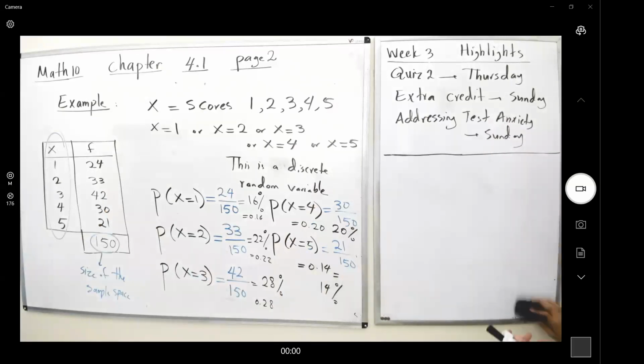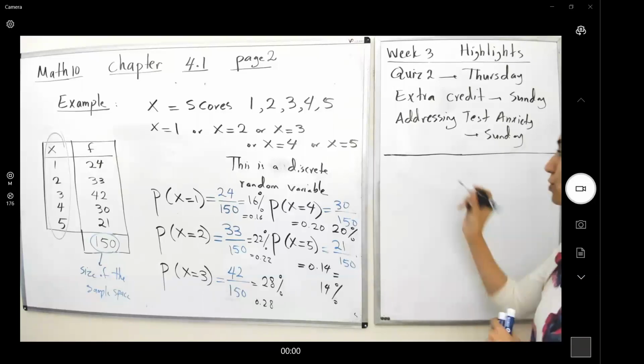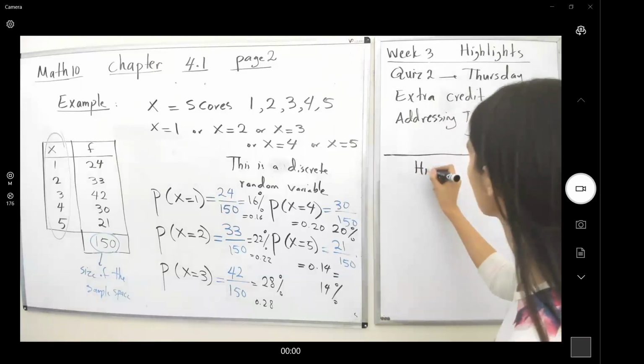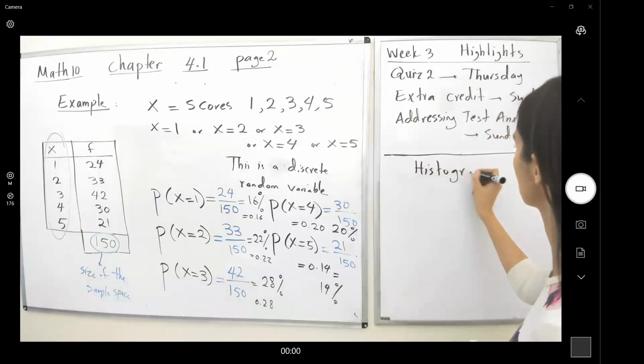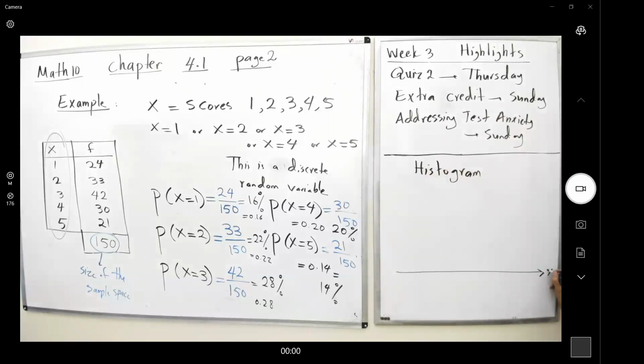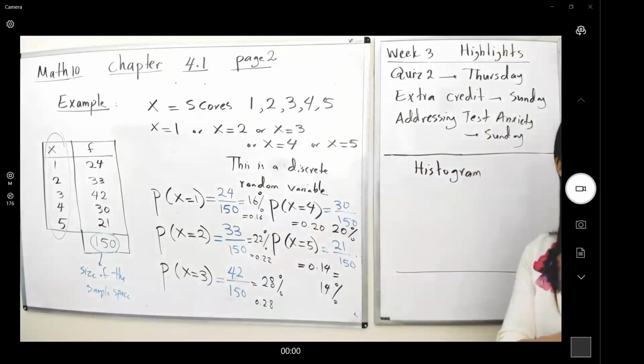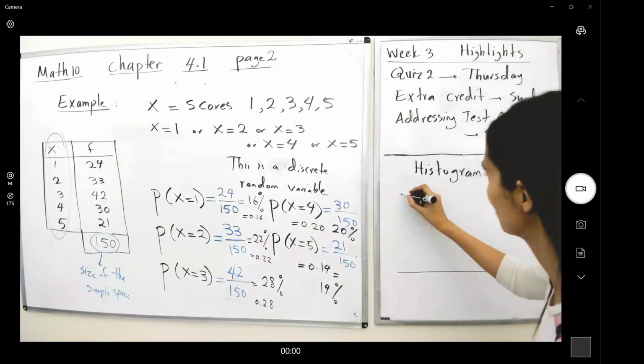What goes on the horizontal axis? On your horizontal axis, you're going to list all of the x values. And on the vertical axis, you're going to use these percentages or decimals.